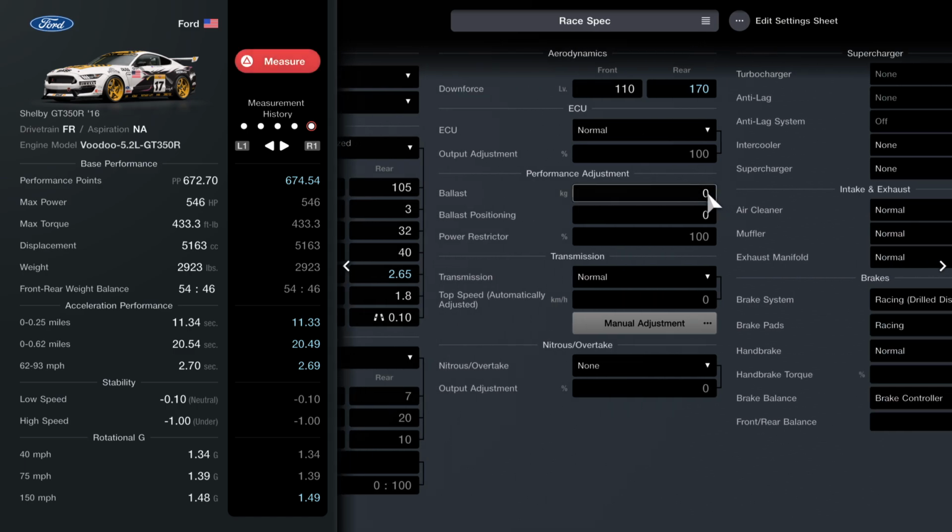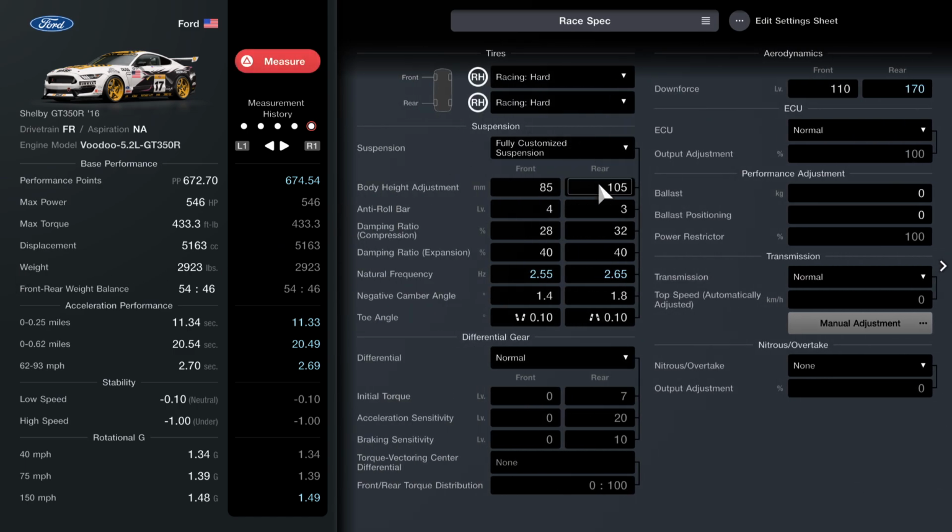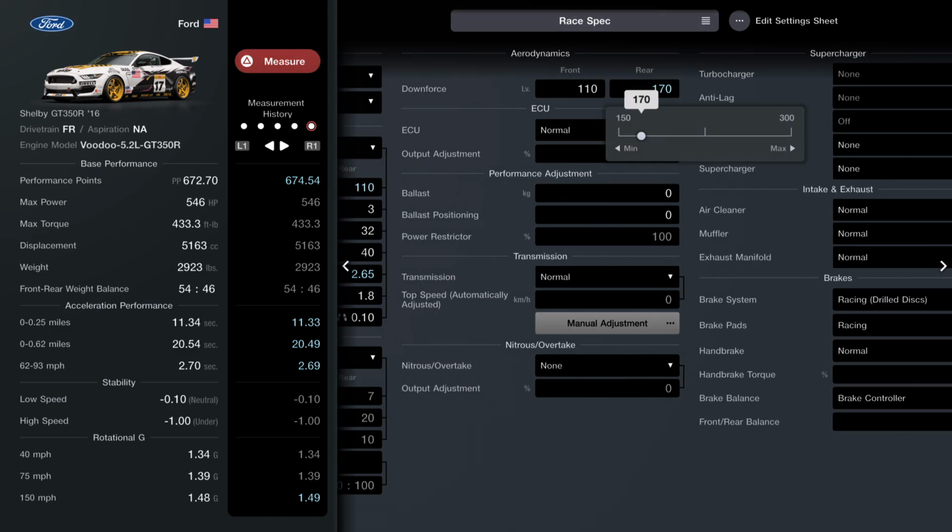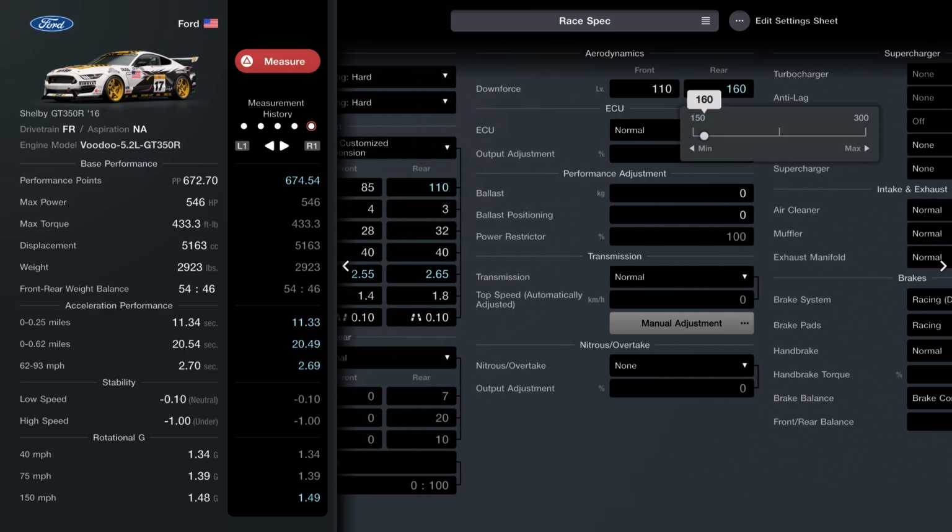For the rear, it doesn't technically matter because in some cases you have a rake. Speaking of rakes, rake means that the rear end is higher. When the rear end is higher, it also acts like a spoiler. So the higher your rake is, the lower you can set your rear wing value.